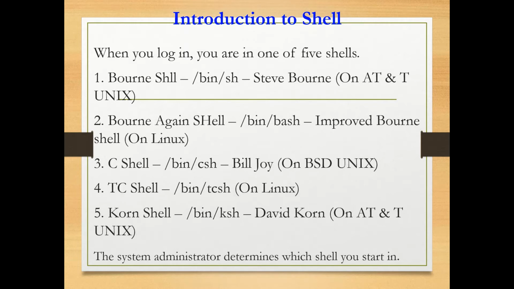The fourth one is the TC shell, it is on Linux. The last one is the Korn shell, David Korn designed it at AT&T Laboratories. The system administrator determines which shell you start in.